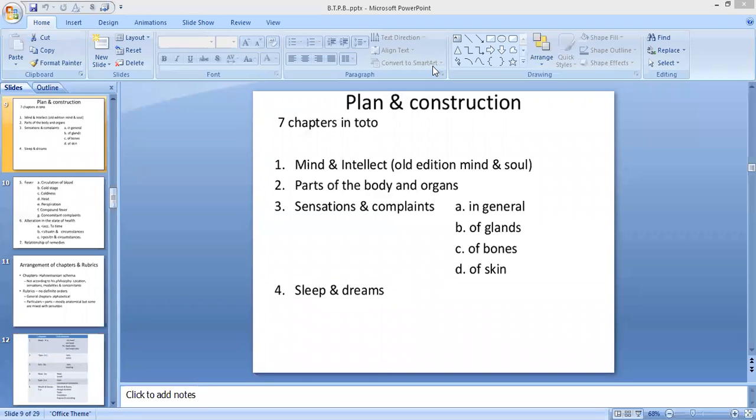Then respiration has three subchapters: respiration, cough and air passage. Then external throat and neck has two subchapters: external throat and neck and nape of neck sides.